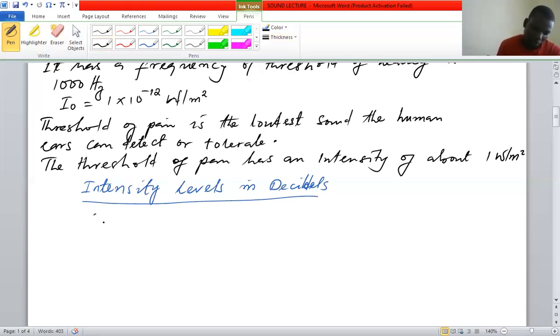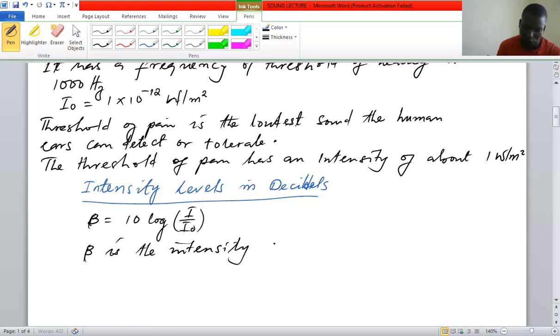It's given by a relationship: B equals 10 log of the intensity over the intensity of the threshold of hearing. This B is the intensity level in decibels.